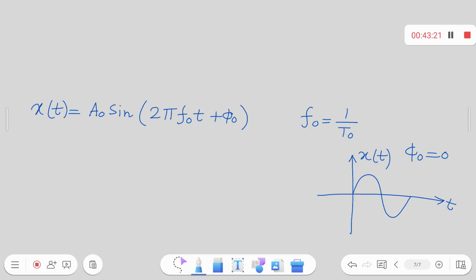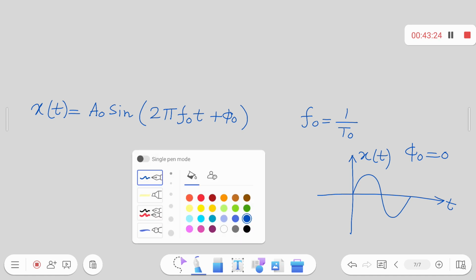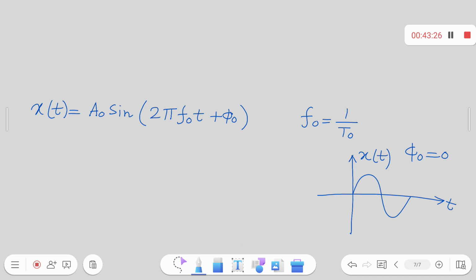Now suppose from this signal itself, I would like to have the samples. As we started today's discussion with the continuous time signal and the discrete time signal, let's take those samples. I have judiciously drawn those samples so that it seems to be a periodic signal, but it is not the case.